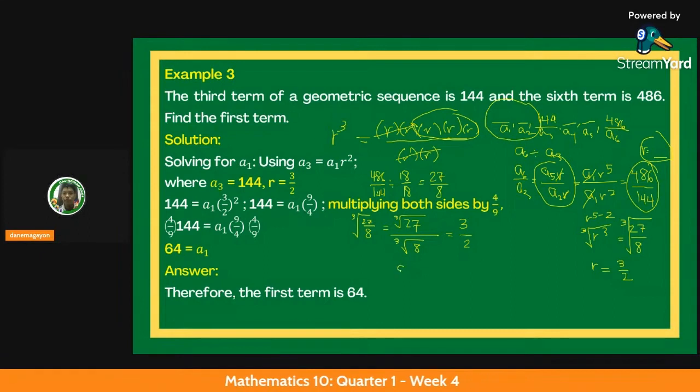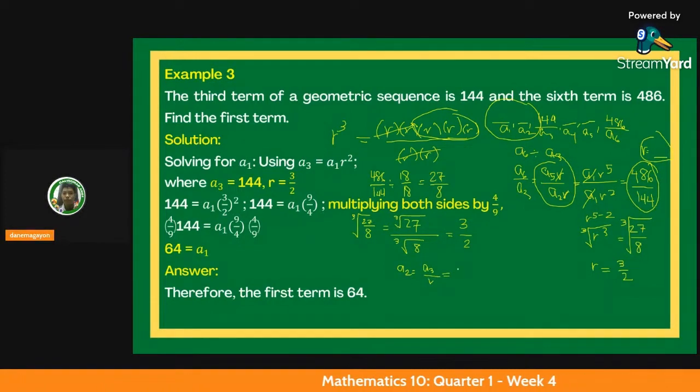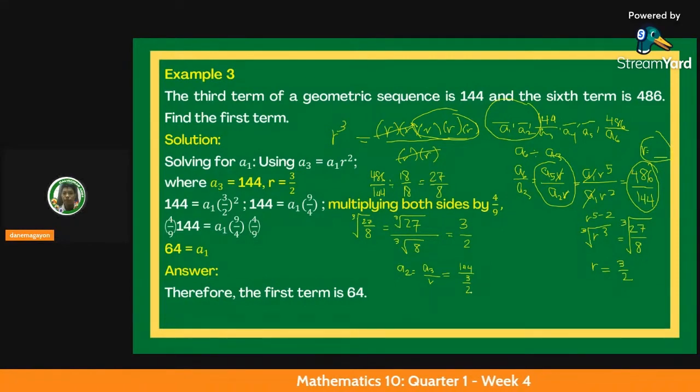Earlier, in order to solve for a sub 2, we needed a sub 3 divided by r. So in short, a sub 3 is 144. Our r is 3 halves. I showed this in class using 1.5 instead of 3 halves, but this time I'll show the 3 halves.